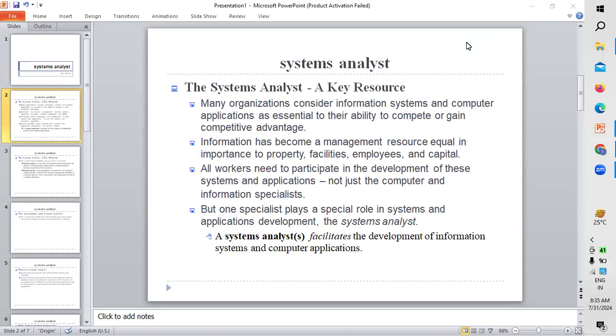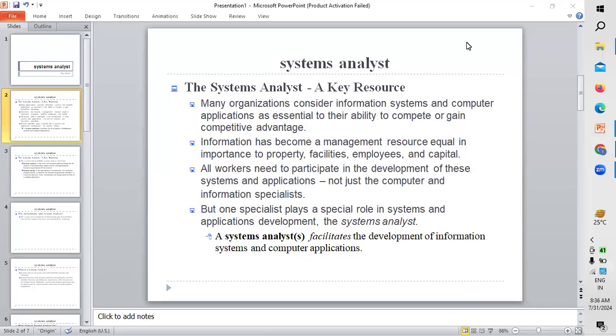So understanding the system, either an existing one or transforming from existing to proposed, is what one should do as an analyst. That's the reason why the role of a systems analyst is so important in any organization.